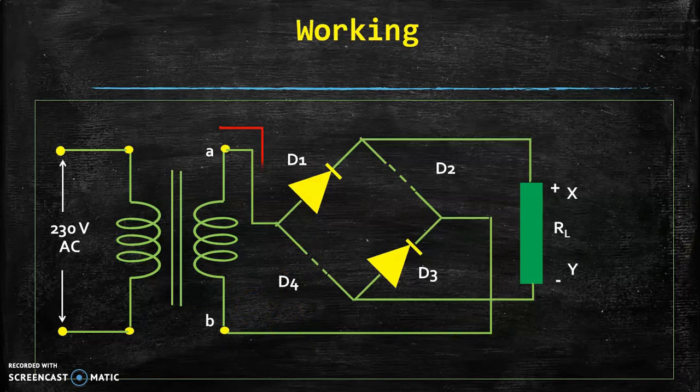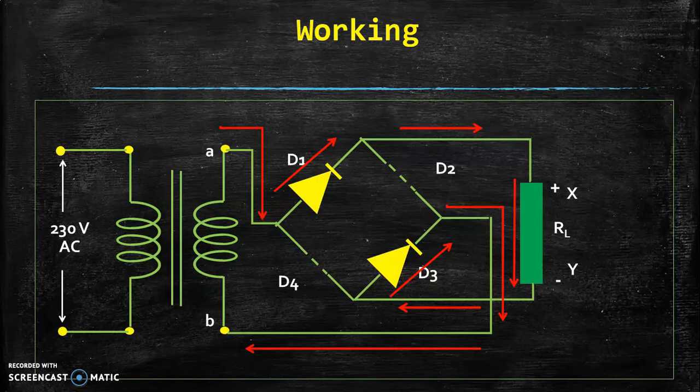So current starts from point A, it passes from anode to cathode of diode D1, then it goes to the positive terminal of the load resistance, that is X. It travels from X to Y. Return path is through the diode D3, anode to cathode of D3, and then it returns back to point B, and at last it ends at point A. So this is the current path during positive half cycle, and current through the load resistance is from X to Y, that is positive to negative.